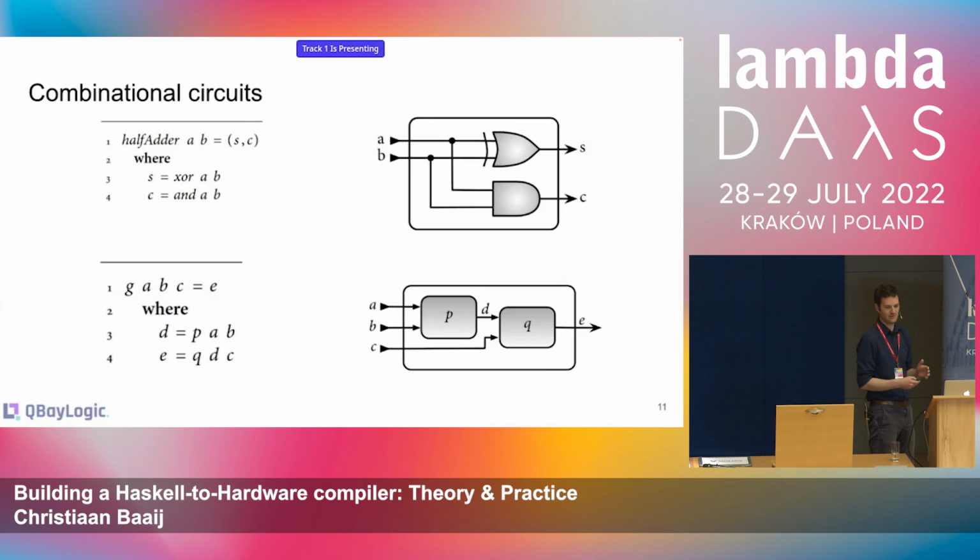And what's really important in the way that we within Clash view Haskell is that whenever we apply a function, that turns into an instantiation of the circuit that corresponds to that function. So in a way, you're basically inlining, right? There's not going to be one version of p that's going to live on your circuit, and we wire every call to it. Every time you call a function, it's going to be instantiated right there in your circuit.